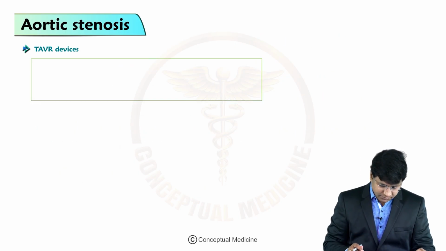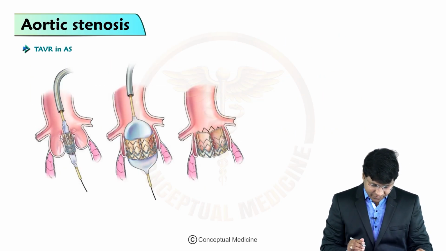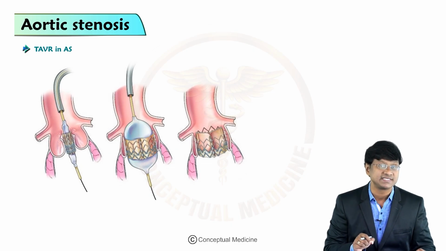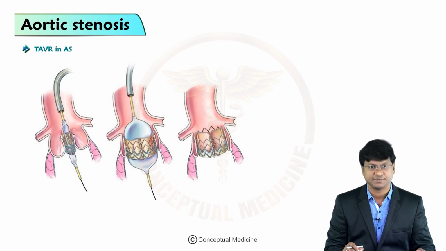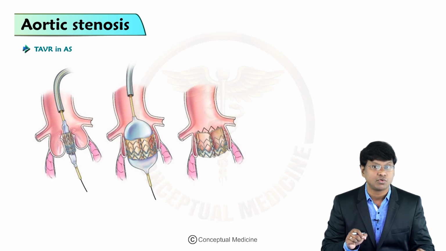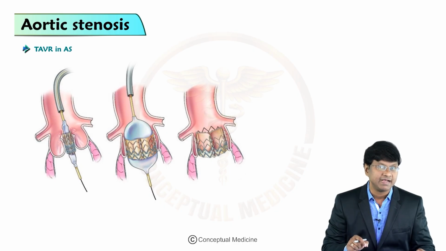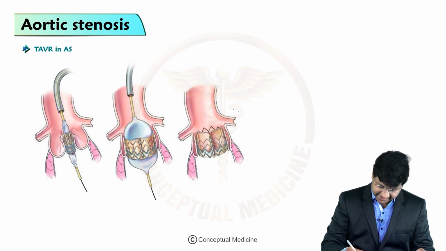Now you see these are the examples of TAVR, that is transcatheter aortic valve replacement. So what is this? This is your Medtronic CoreValve, where the valvular stent self expands when pushed out of the catheter.